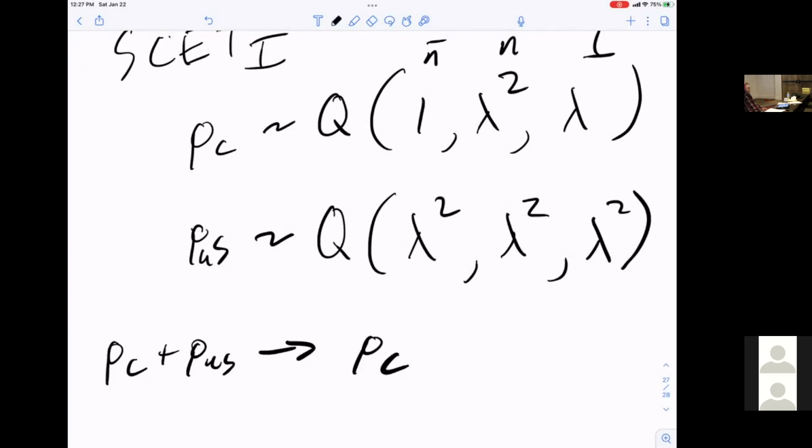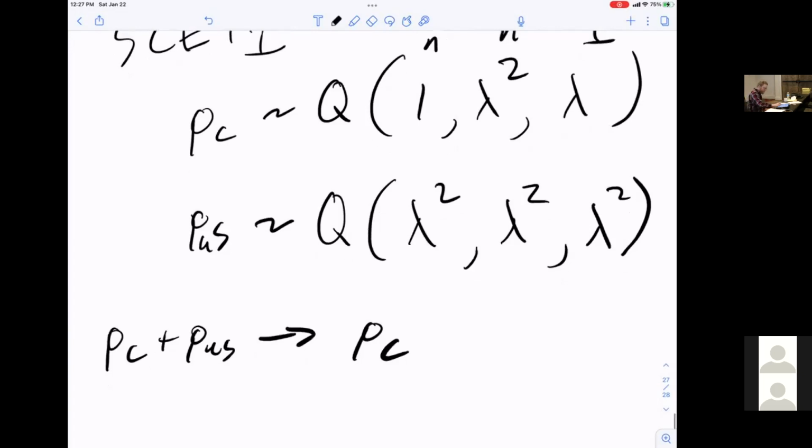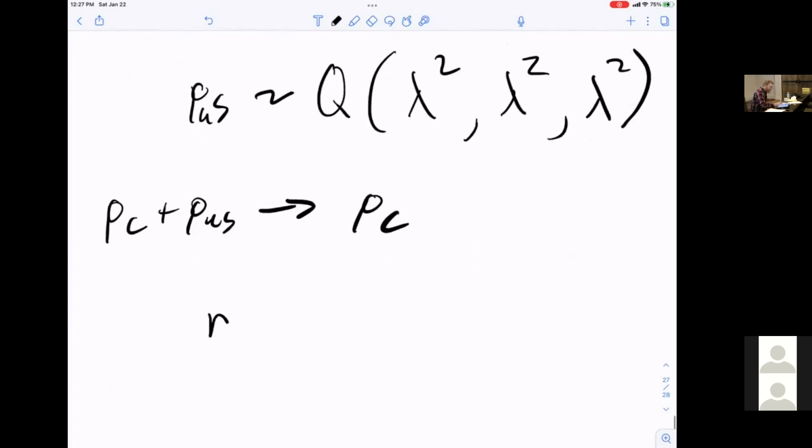And when I want to decouple ultra softs from my theory, you actually have to do a field redefinition. This is the way they do it in SCET1. You do a field redefinition. Because it's a similar idea of how I got rid of my n-bar derivative that was troublesome.